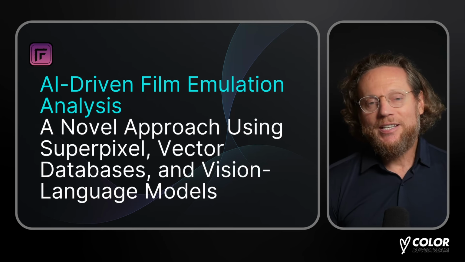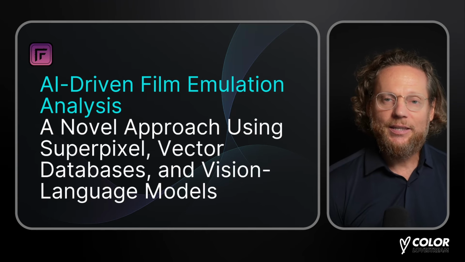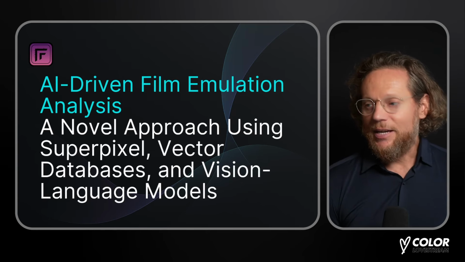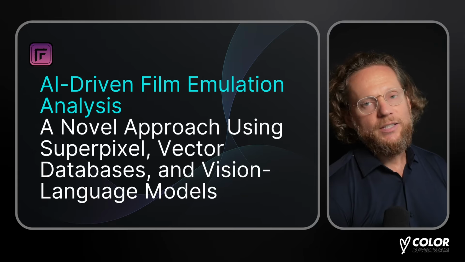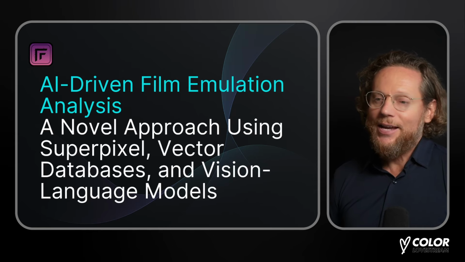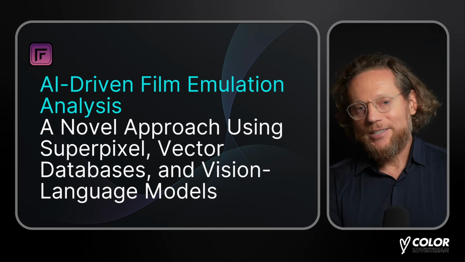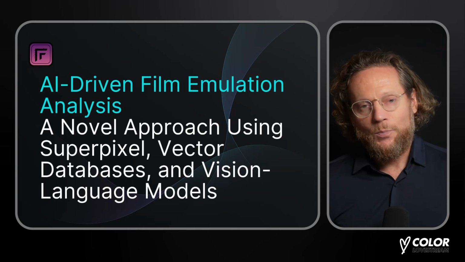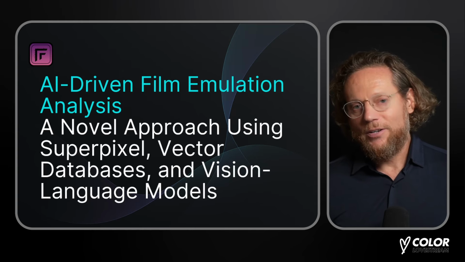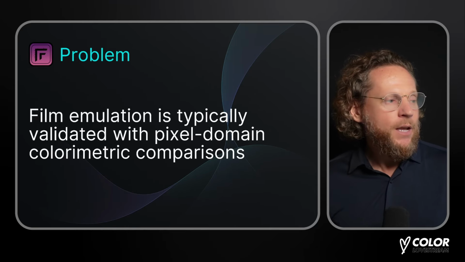And you'll see how we have been deploying it, and as the title suggests, a novel approach using superpixels, vector databases, and vision language models, which is all this wonderful technology that has become available, and now trying to put it to use for the cause of the best film emulation available out there.